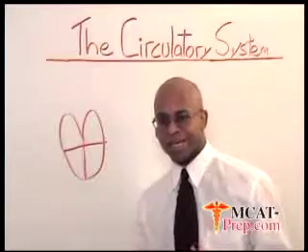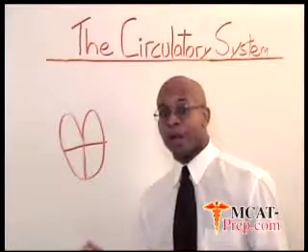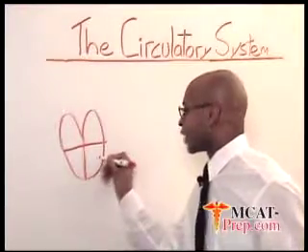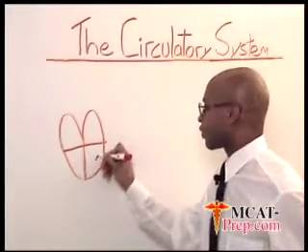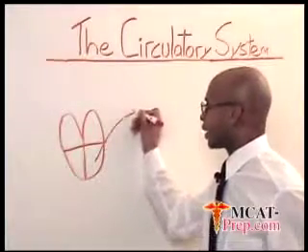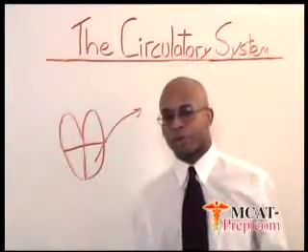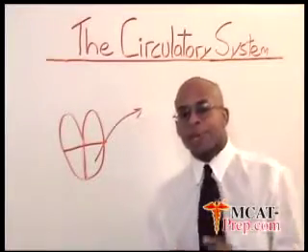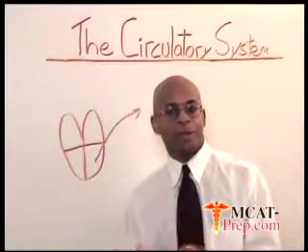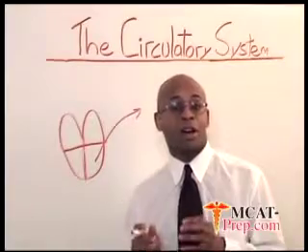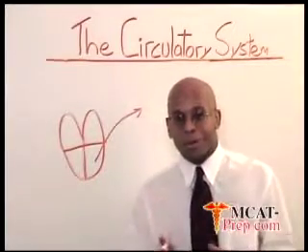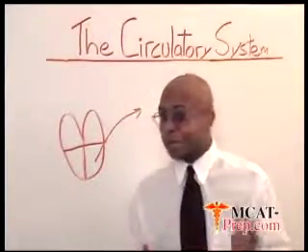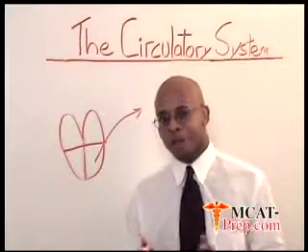So let's see what happens to blood as it leaves the heart, leaving, let's say, from the left ventricle. To begin with, blood always leaves the heart in arteries. Some students like to remember away starts with A, away in arteries.